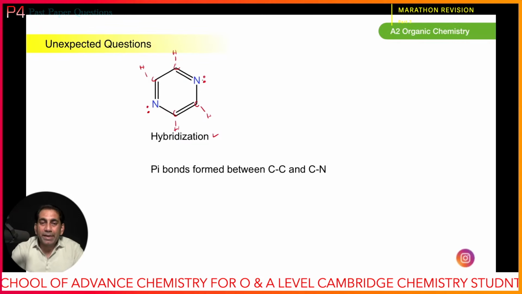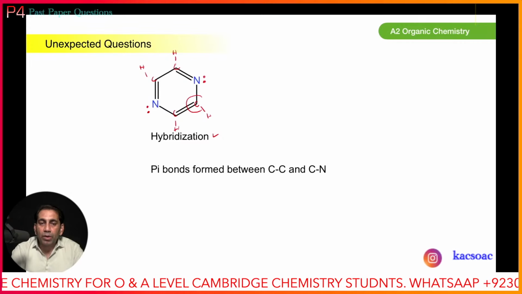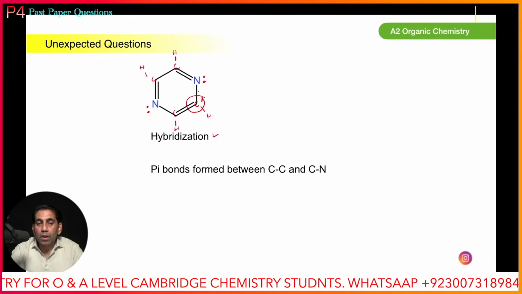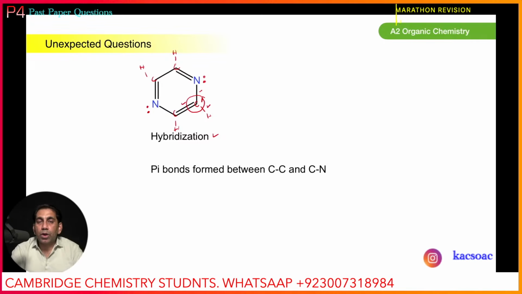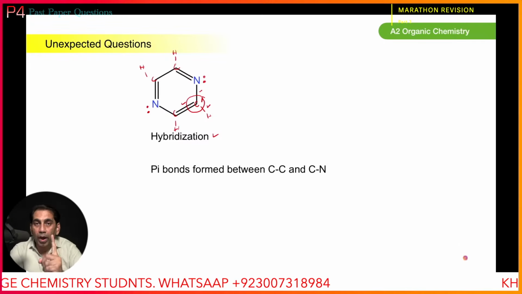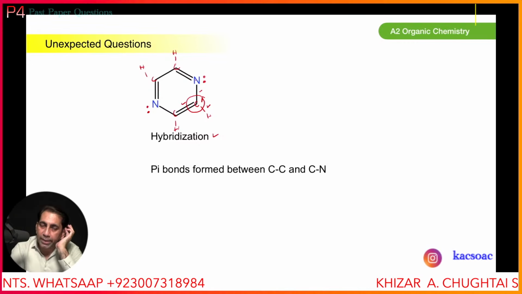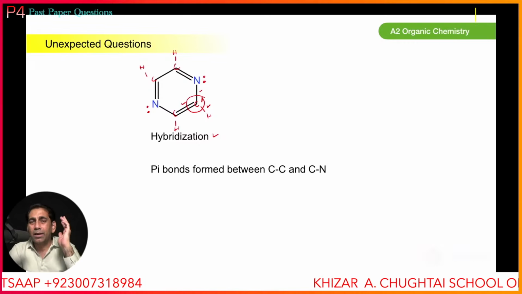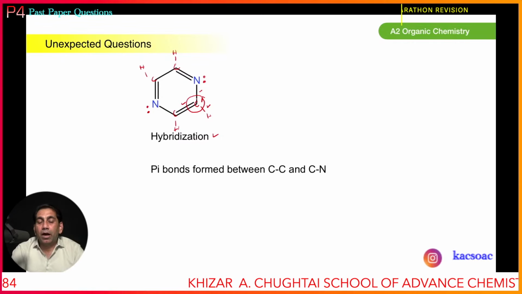First of all, I'm going to start from the carbon. How many pairs surround this carbon atom? 1, 2, and this double bond is also counted 1. A double bond is counted as 1 pair. A triple bond is counted as 1 pair. A single bond is already 1 pair. So 3 pairs are surrounding this carbon.